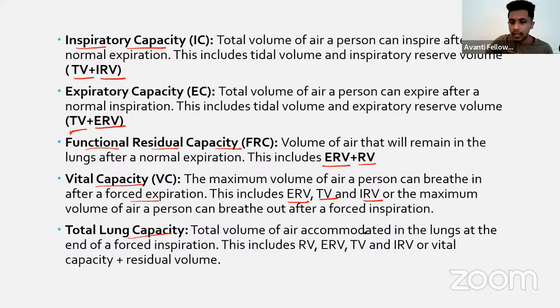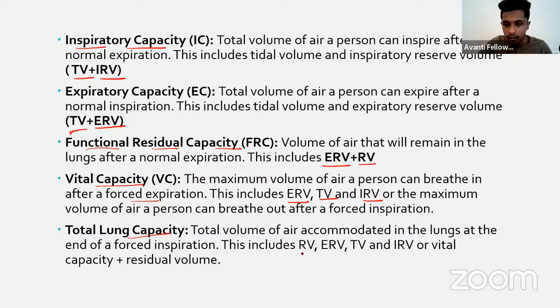Yes. So now, what is total lung capacity? Total lung capacity is the total volume of air the lungs can accommodate at the end of forceful inspiration. So you have forcefully expired out. Now you keep on breathing in until you can take as much air as possible. That is called total lung capacity. What is the equation for total lung capacity?